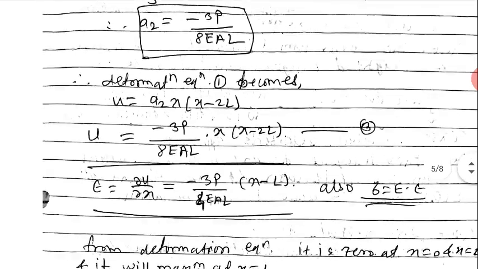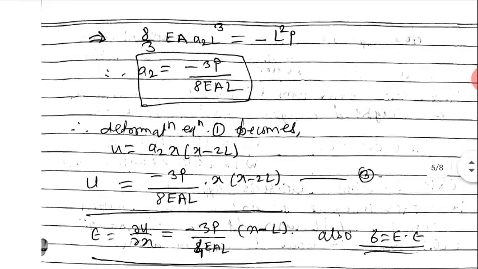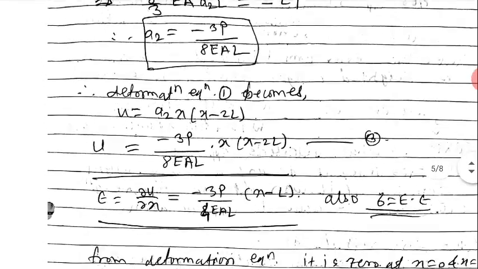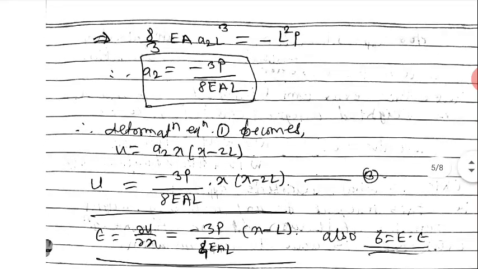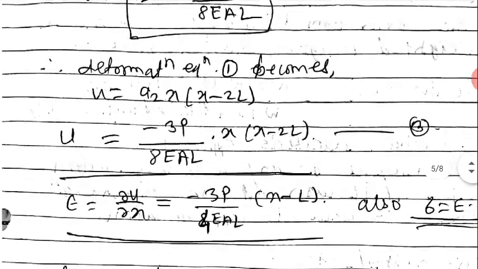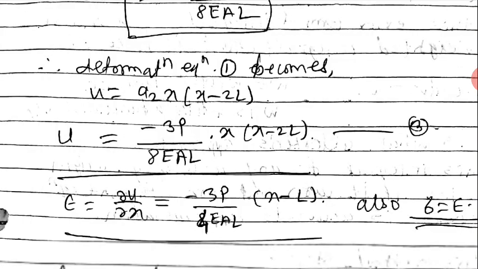We can put this value of A2 in the equation for u, so it will become minus 3P upon 8EAL into x minus 2L.